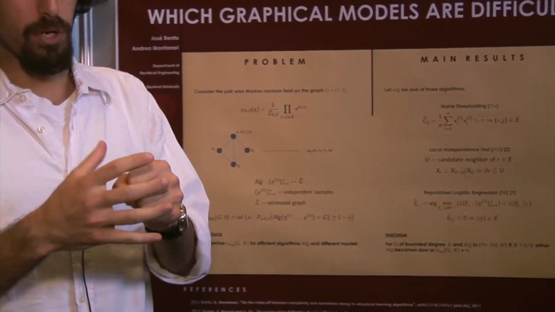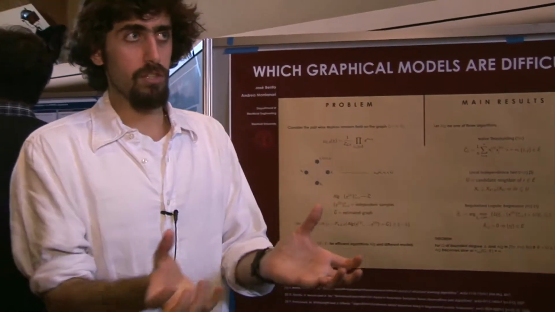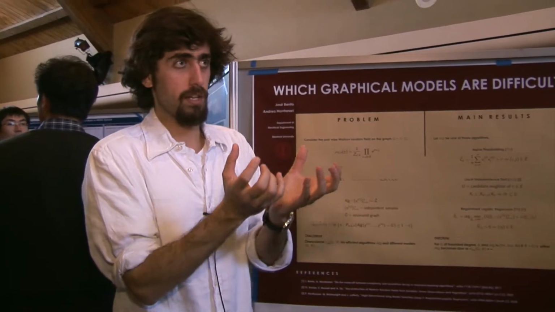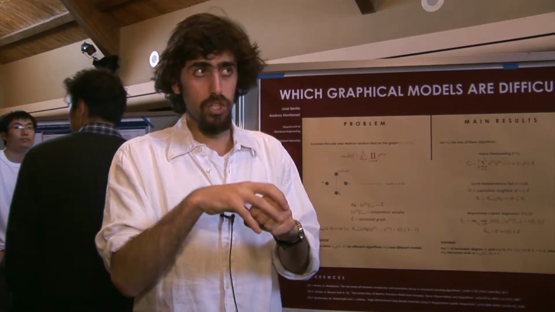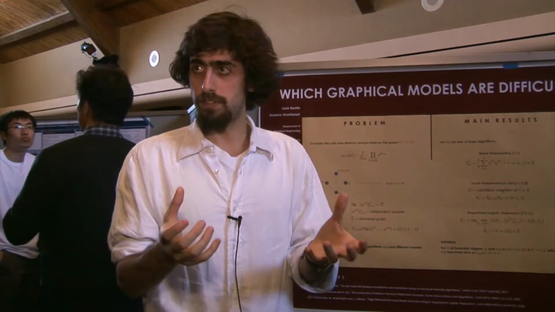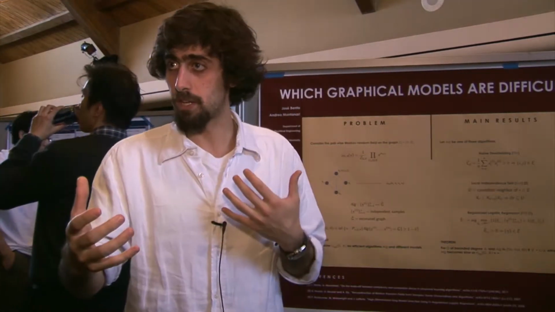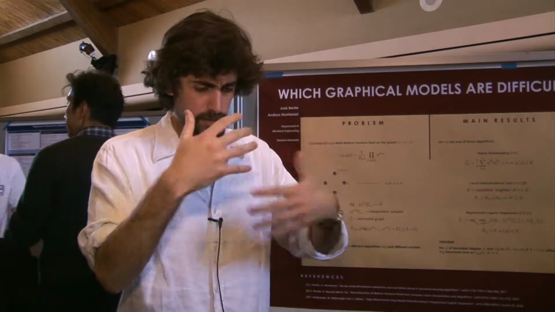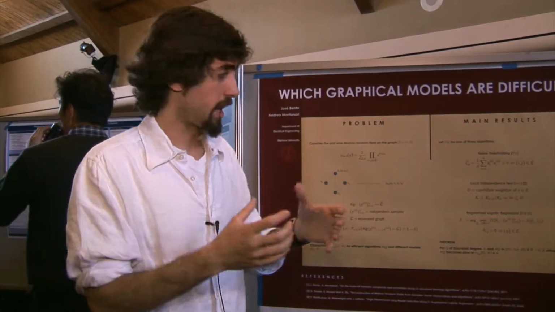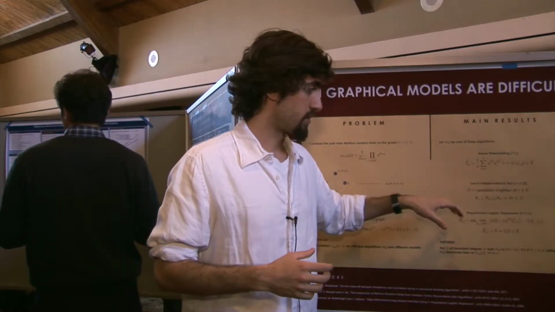If we condition on the true neighborhood of a node, then the distribution of that node conditioned on the values of this neighborhood is independent of everything else.